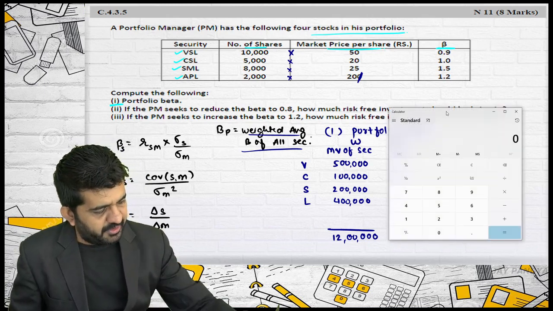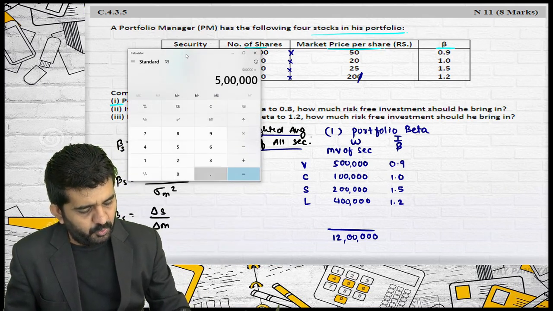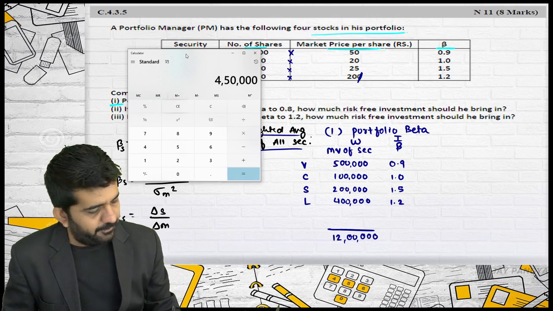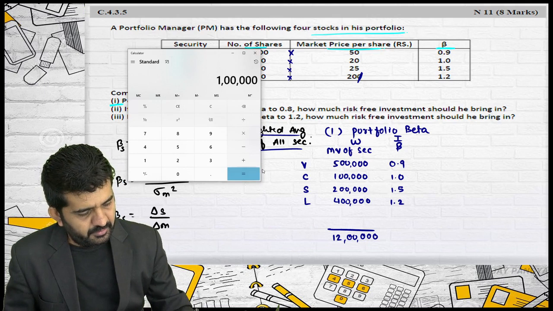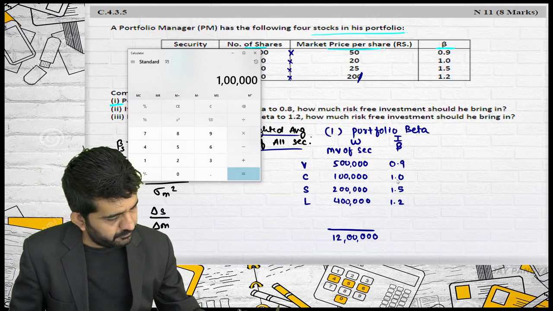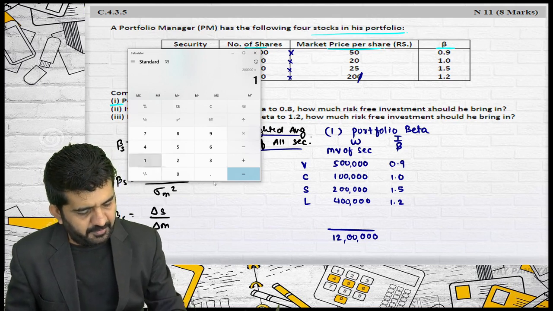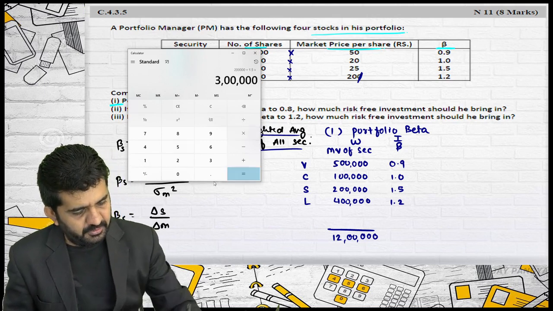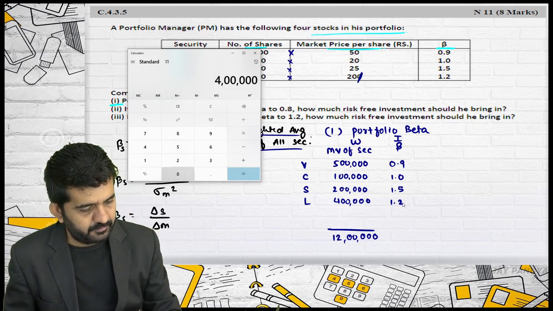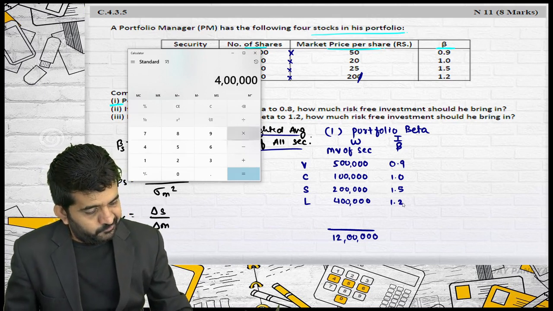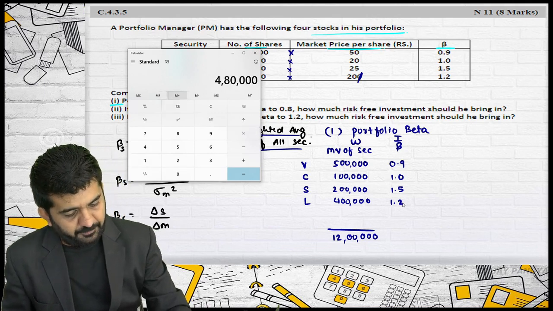I always do it in calculator. 5 lakh into 0.9 is equal to M plus. 1 lakh M plus. 2 lakh multiplied by 1.5 is equal to M plus. 4 lakh multiplied by 1.2 is equal to M plus.